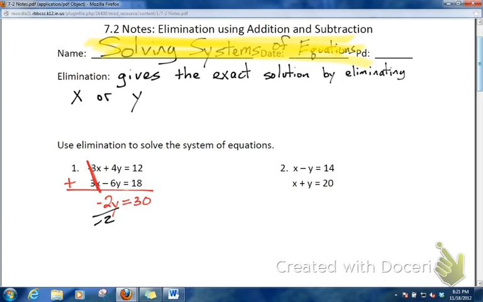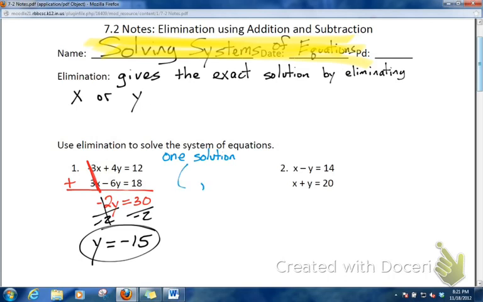I'm going to divide both sides by negative 2, and that's going to give me y equals negative 15. So that right there is my first answer. That means that I know right off the bat that this system of equations is going to have one solution, and that one solution is going to be something comma negative 15, because you just found that the y was negative 15.